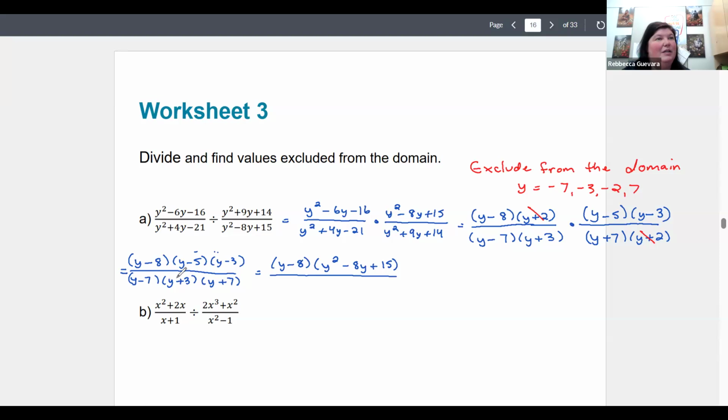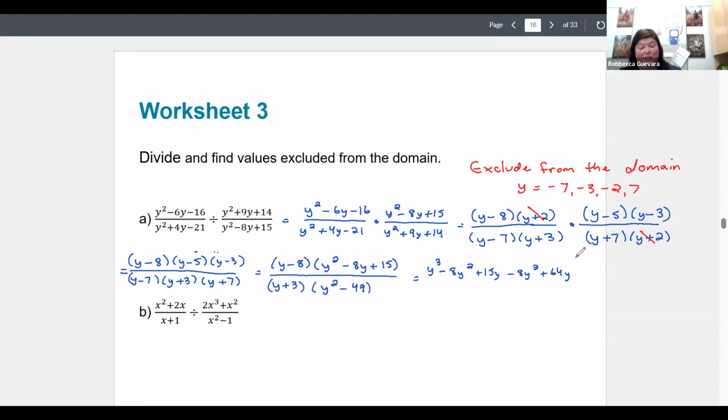If we do the bottom, if I rearrange this and I do this as y plus 3 first, and I do y minus 7 times y plus 7, well, that's going to be y squared minus 49, because that's the difference of squares. So if I FOIL further, we're going to have y times y, so y cubed minus 8y squared plus 15y, and then we do the minus 8, so minus 8y squared plus 64y.